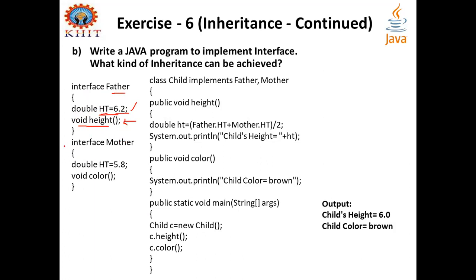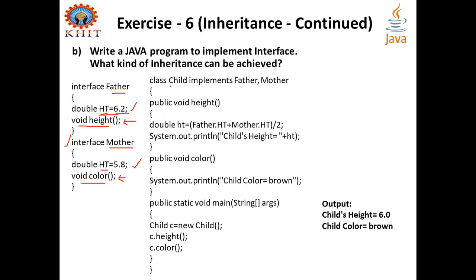Then coming to another interface, mother interface, with the same instance variable height with value 5.8, and it also has an abstract method, color. So these are the behaviors of these interfaces, father and mother.